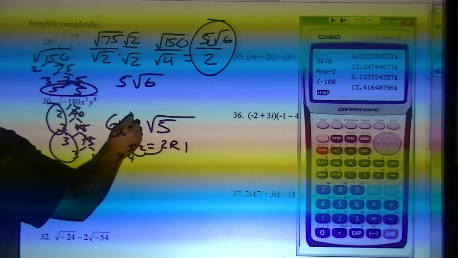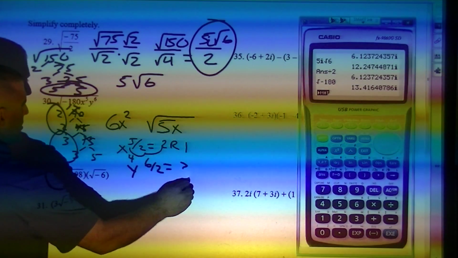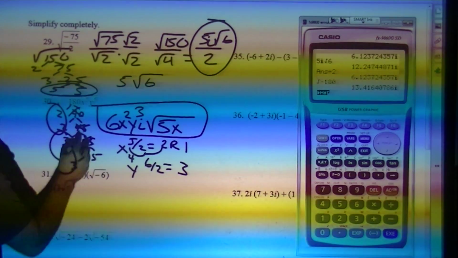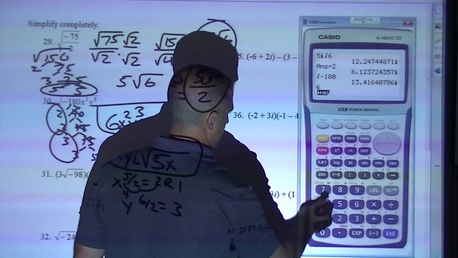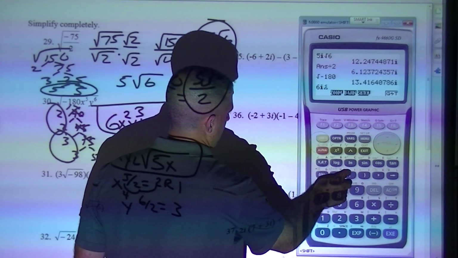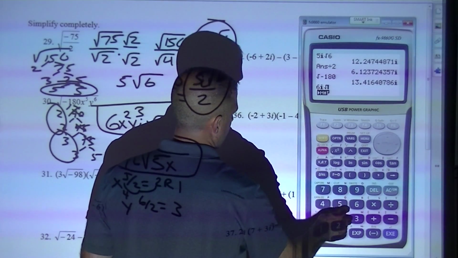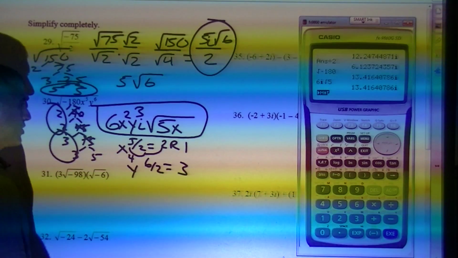One more, so it's x squared with x. Then y: 6 divided by 2 would be 3. And remember, I have my answer of i, so I'm going to put an i right there. And once again, I need to check it. 6, shift, i, square root of 5. Okay, let's check this one.